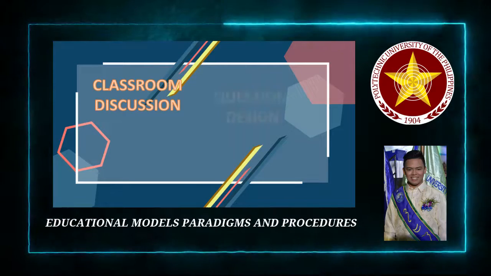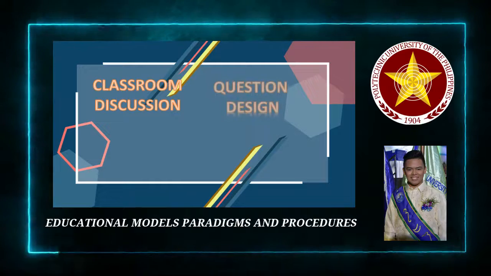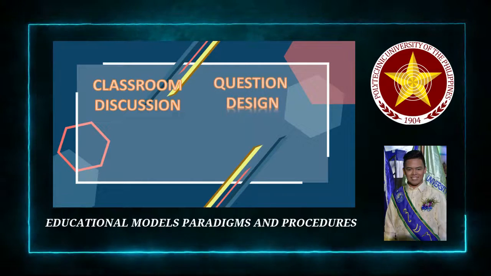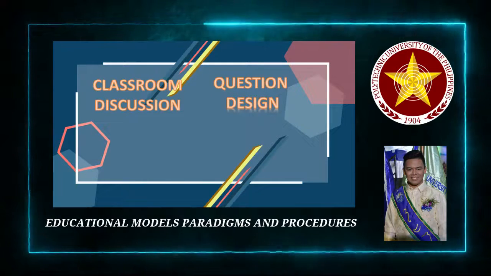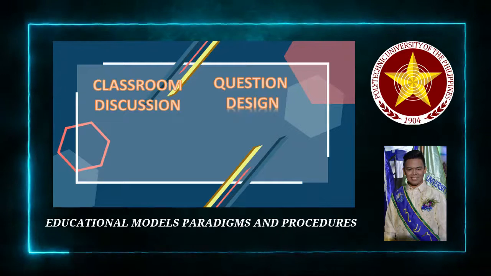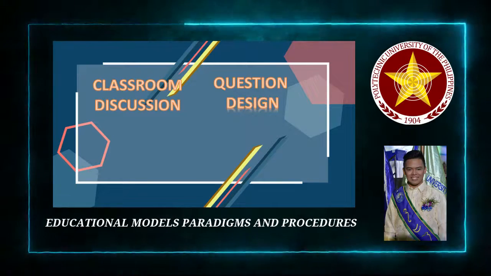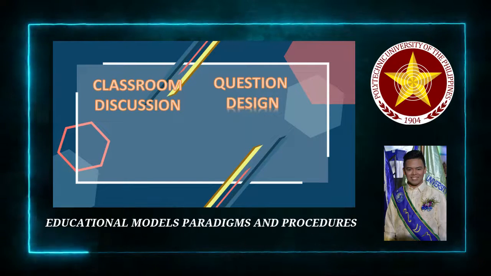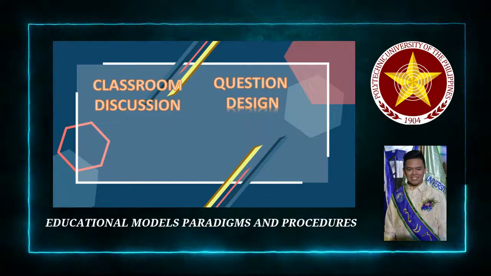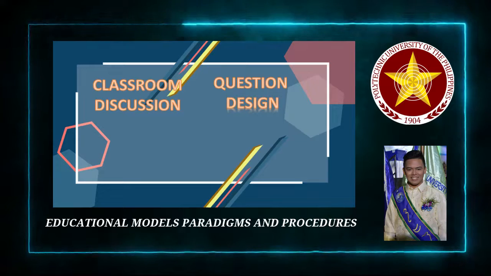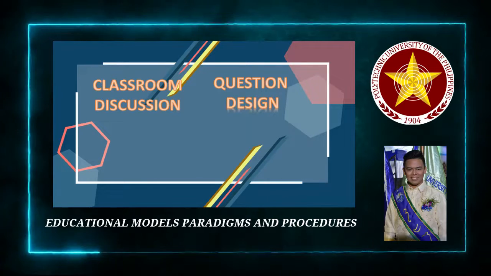The next one is the question design. In question design, it should involve higher order thinking skills. It can be challenging and answerable. There should be an exam in terms, or it can be an open or closed question.